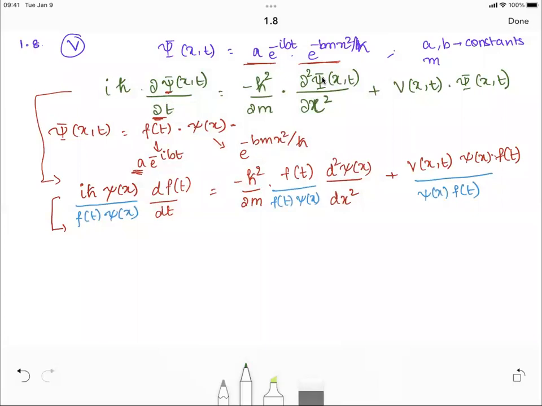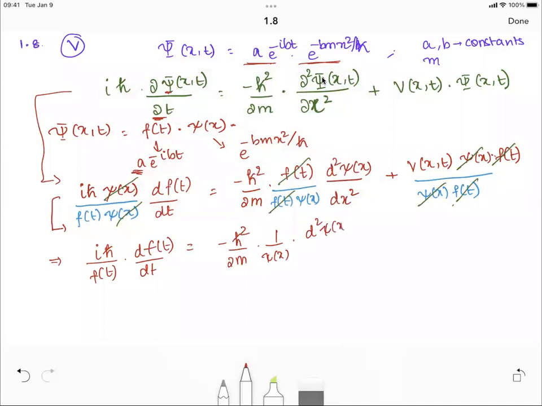High school algebra. Now I'm going to cancel out the terms that get canceled out. Now this will give us i h bar over f of t, df of t by dt, will be equal to this.